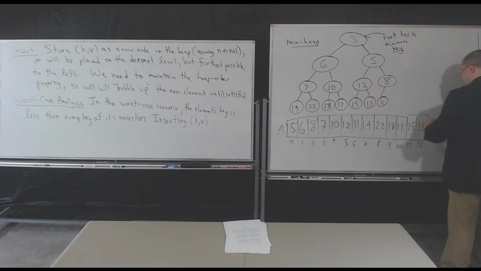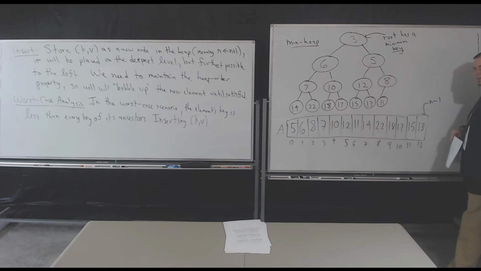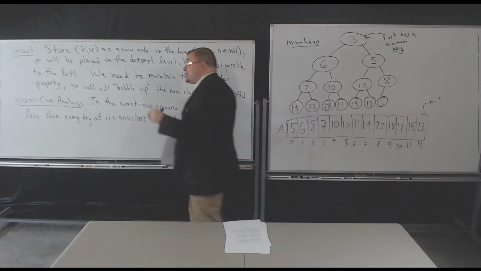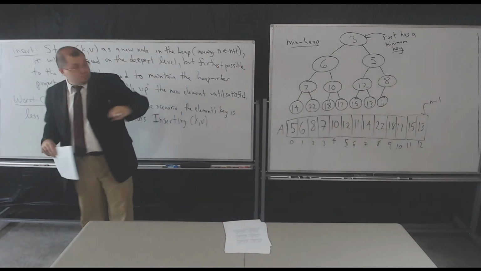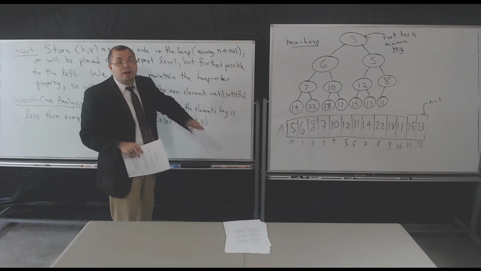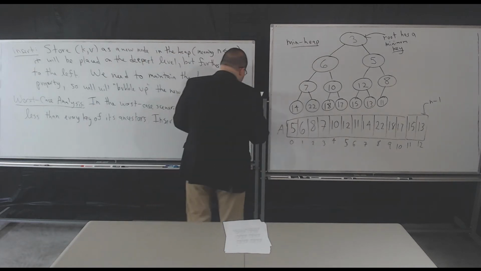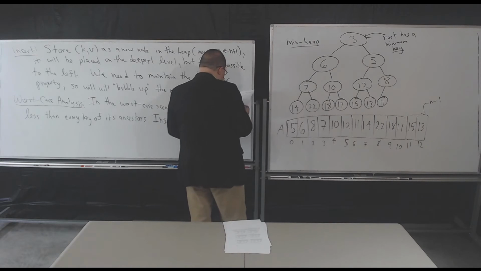What position is this? If I have length 13 here, this is n minus 1, right? So I know exactly where it is. So I can actually do this insertion into my array in constant time, assuming the array is of sufficient length. So inserting the element takes constant time.